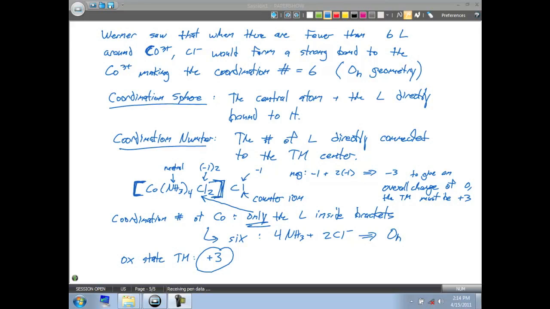Barium chloride, BaCl2. Okay? With these transition metals, one of the things is that we can have varying oxidation states. So it's going to depend on how many ligands you have around that to determine what that oxidation state is. And we're going to pick up with oxidation states, coordination numbers, and geometries on Monday.